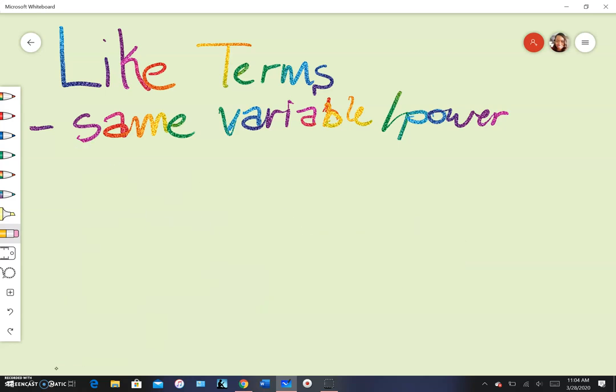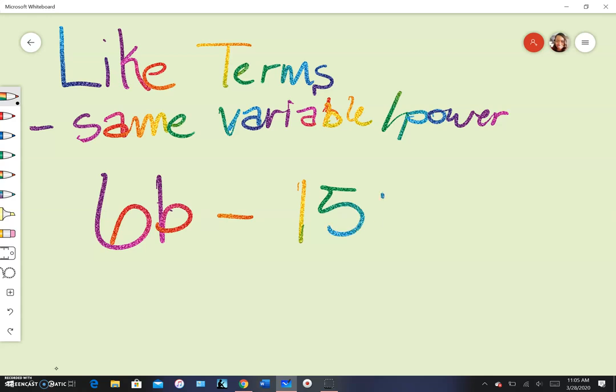If, for example, I have something that looks like 6b minus 15b, I have the same variables. My variables have the same power of 1. So in my answer, I'm maintaining my variable, and this time I'm subtracting my coefficients instead of adding.